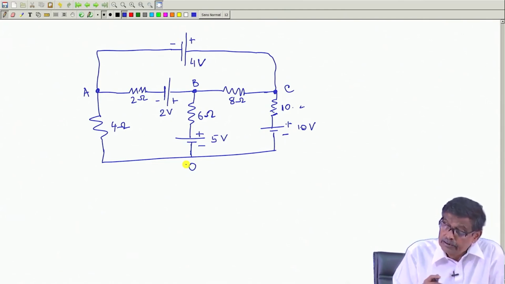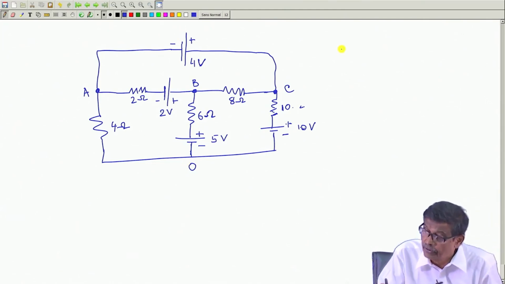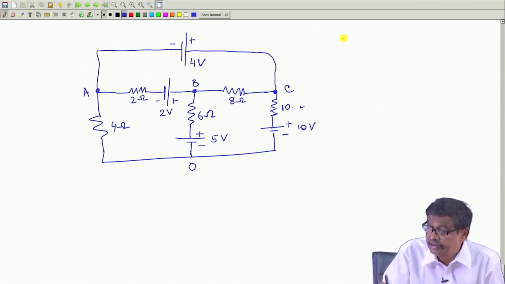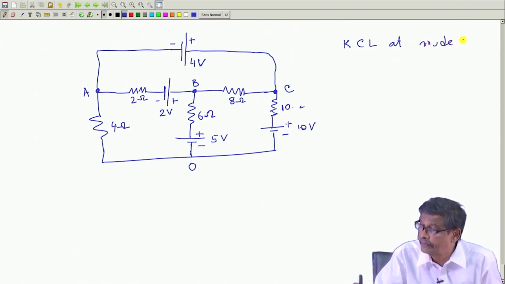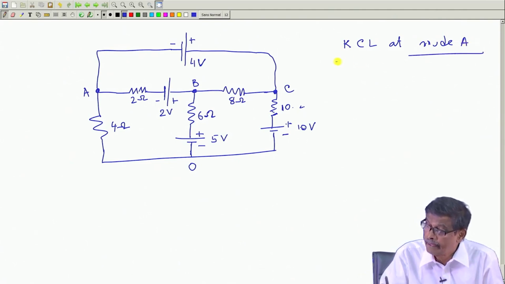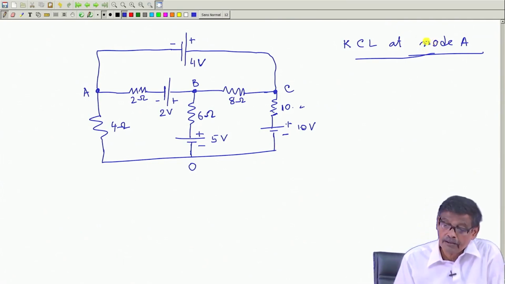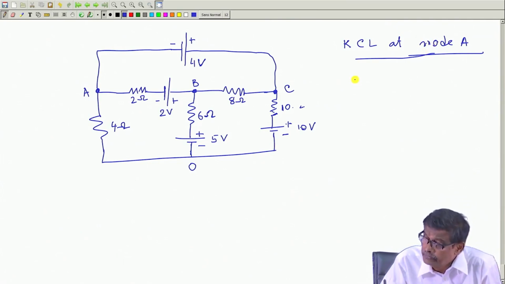Then, the KCL at node A. Suppose I want to write down node A. What is the rule I told you?